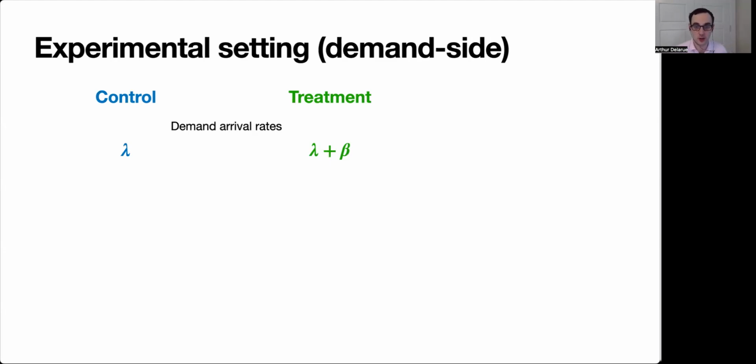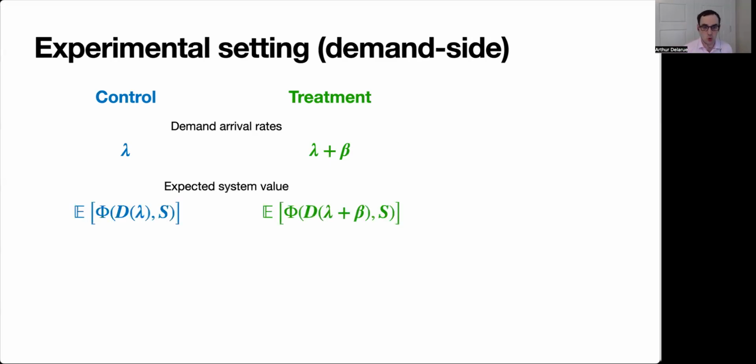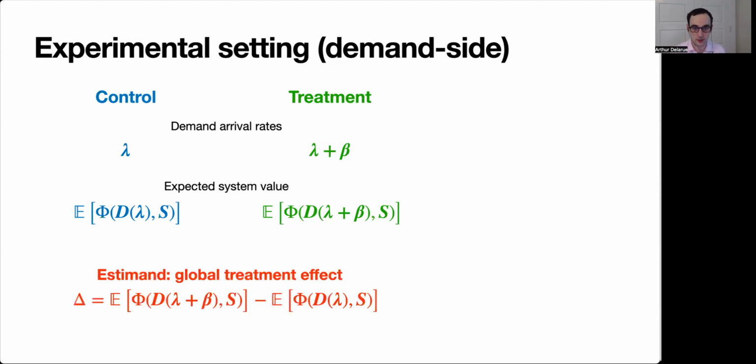So under treatment, the arrival rate is lambda plus beta. What we're interested in comparing is the expected system value under the control arrival rates versus the expected system value under the treatment arrival rates. This estimand we are going to call the global treatment effect. It's the difference in values between everybody being in control or everybody being in treatment.